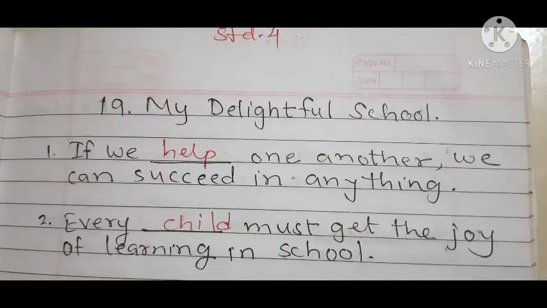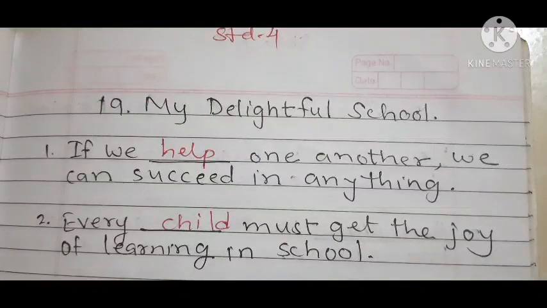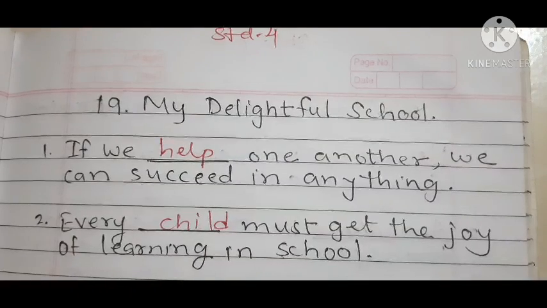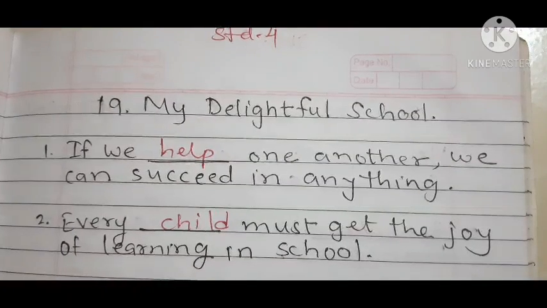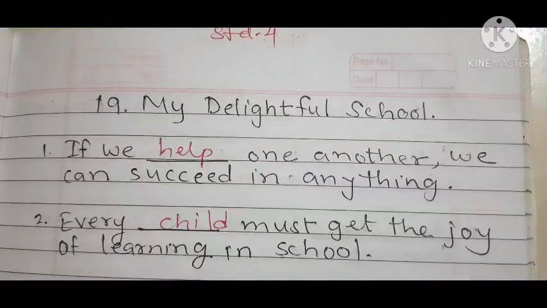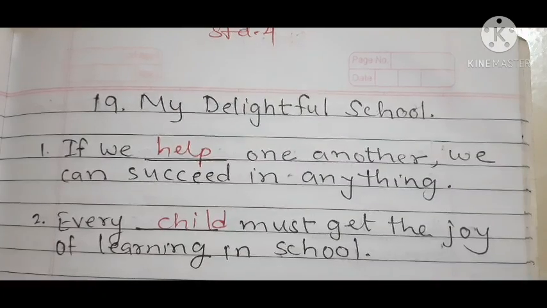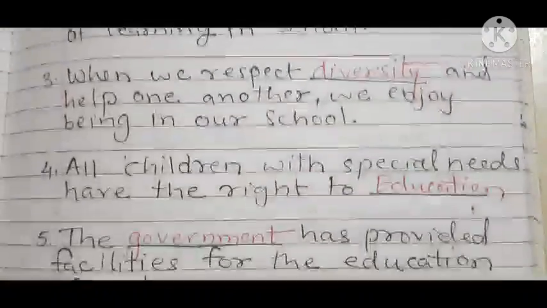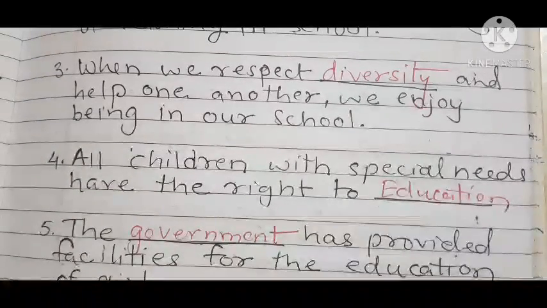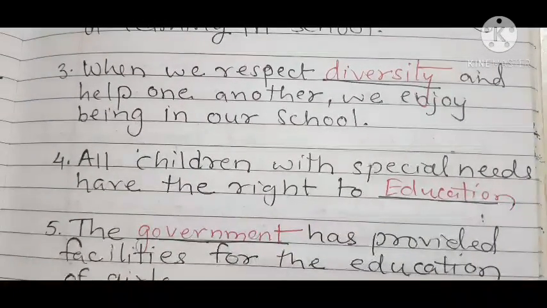Chapter number 19, My Delightful School. If we help one another, we can succeed in anything. Every child must get the joy of learning in school. When we respect, dash and help one another, we enjoy being in our school.